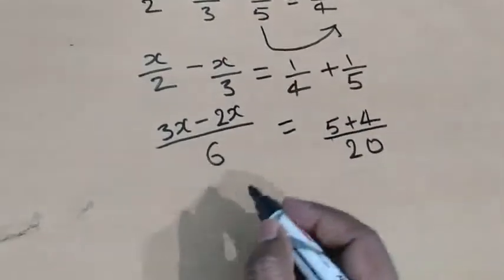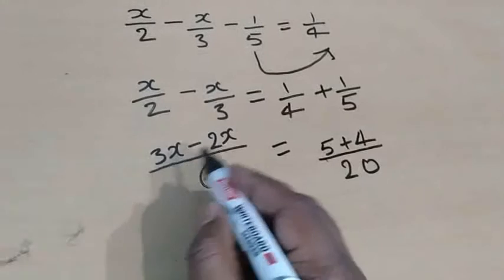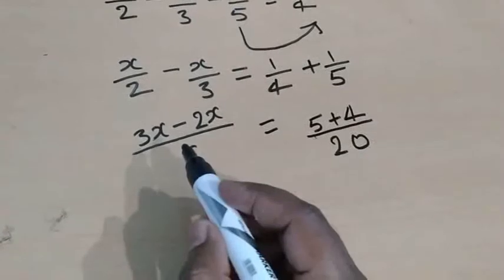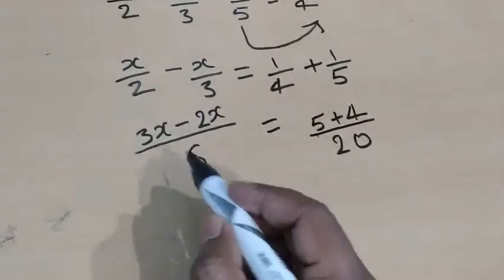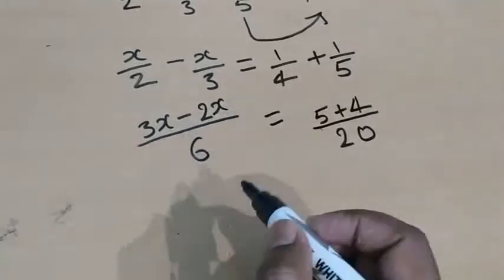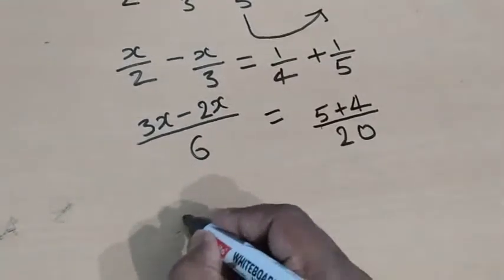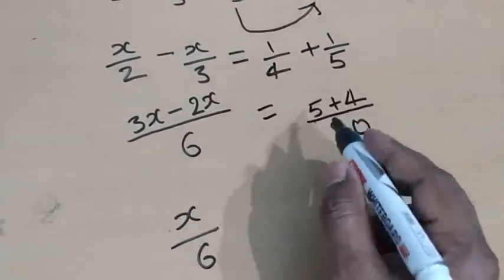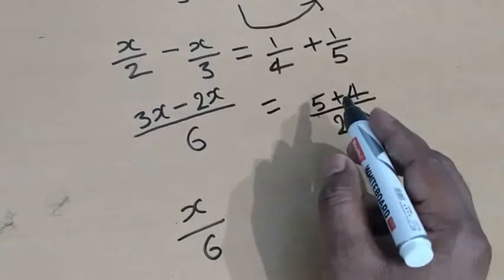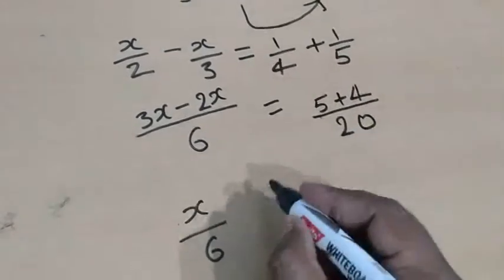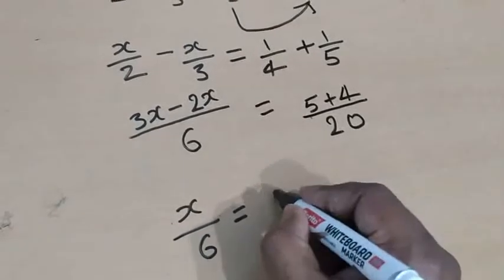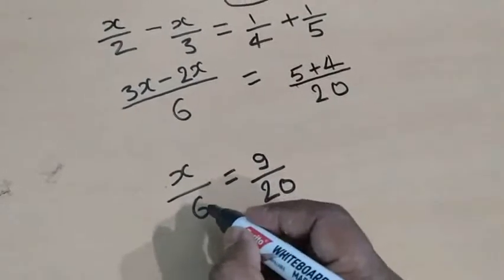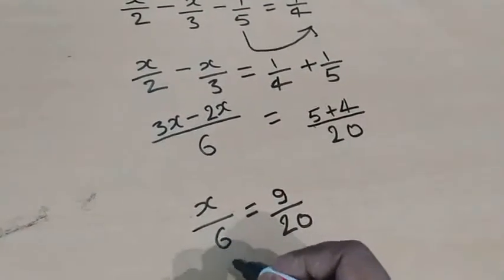Clear? So here you can see 3x minus 2x by 6, so 3x minus 2x is equal to x by 6. Here 5 plus 4 is 9 by 20. Okay, so now we transpose this 6 to the right hand side.